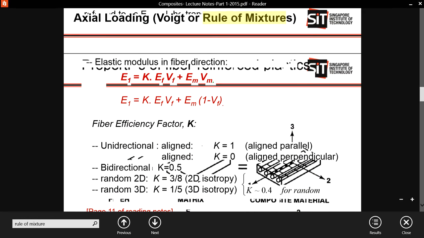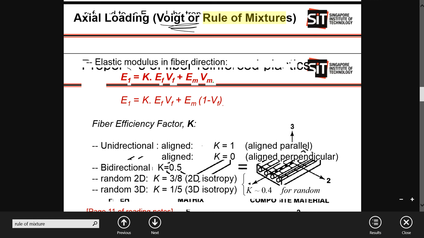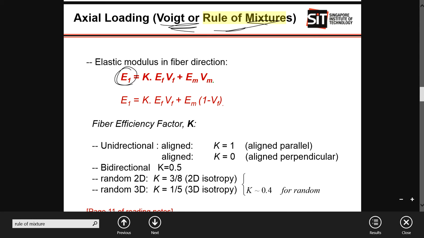For your void loading, you're going to use the Young modulus, and the rules of mixture give you the Young modulus of your material, because it's talking about the volume fraction of your material. These are all your volume fractions, the amount of fibers you put in, and this is your VM, the amount of matrix, volume of a matrix. This is the volume of a fiber, if you remember.